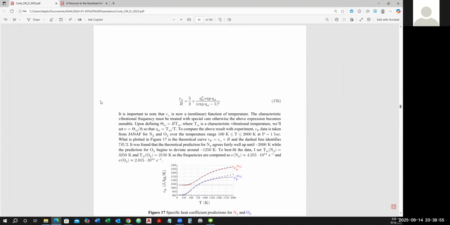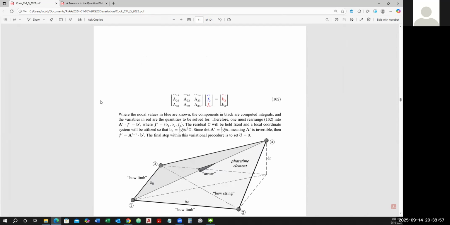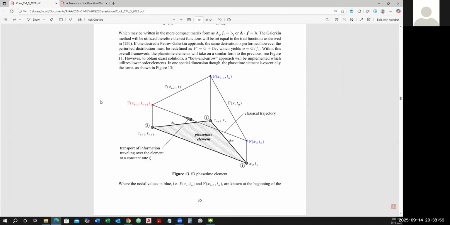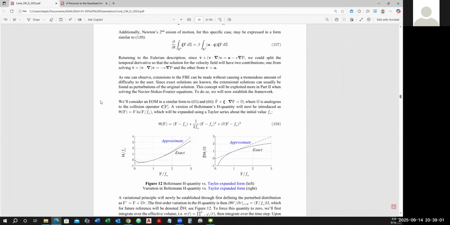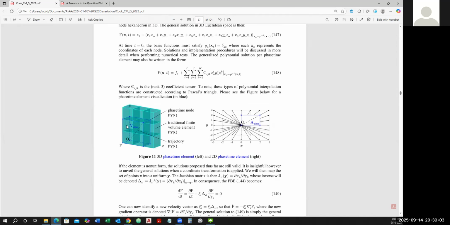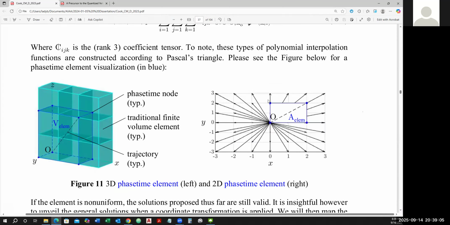Let's go talk about the elements here. This is an example in 2D on the right, and an example in 3D on the left. At every spatial node there's going to be some dispersion. There's some amount of mass, momentum, and energy occupying each quantized velocity state at every single node.